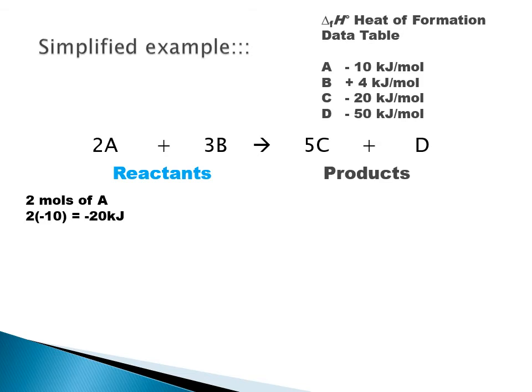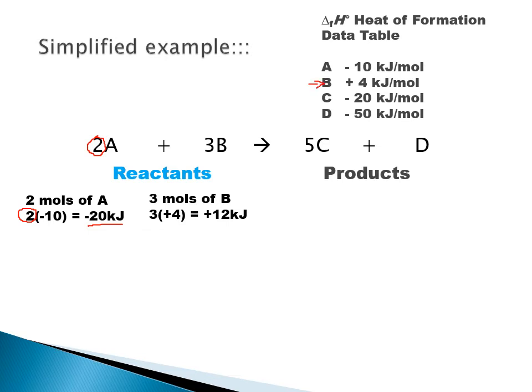We know how to do it. And all we have to do is look up at the table. A is negative 10 kilojoules per mole. However, we have 2 moles of it. So we just times it by 2, and we get a total of negative 20 kilojoules. Pretty straightforward. Do the exact same thing for B, where we have 3 moles, and we look it up on the table right here, and it is now plus 4.